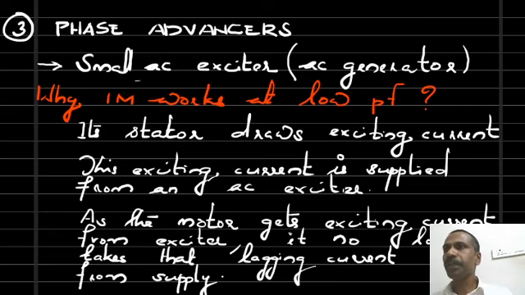Now, this exciting current is supplied by another small AC generator or from another AC source. As the motor gets exciting current from another source, it need not take the current from the supply lines. Now the supply lines are relieved of this lagging power factor current.